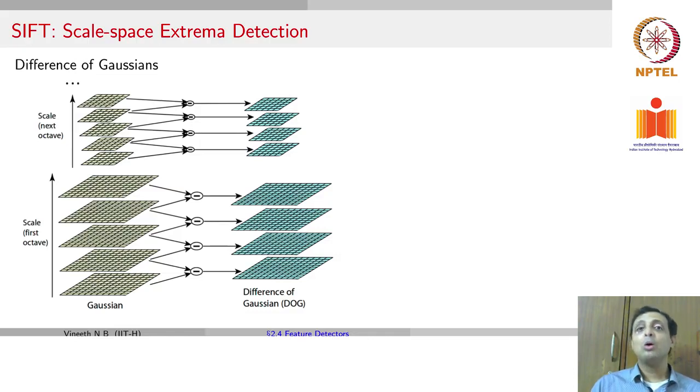But remember, we spoke last lecture about how a Laplacian can be implemented as a difference of Gaussians. Which means all these Gaussians that you have in the first octave, one of those images would have been g of sigma, one of them g of k sigma, g of k square sigma, and so on and so forth. Those are the filters.